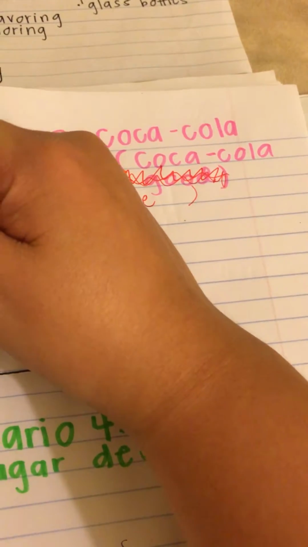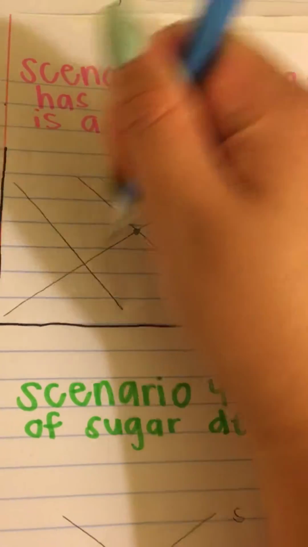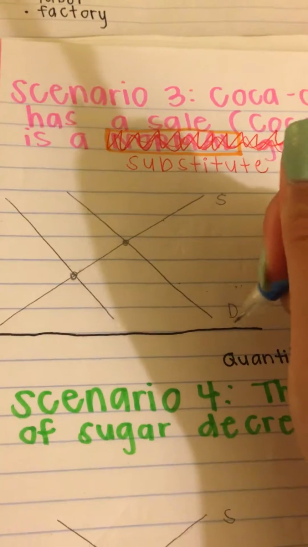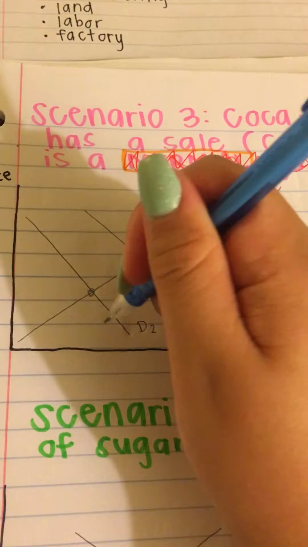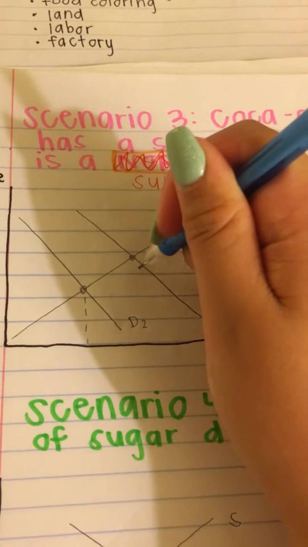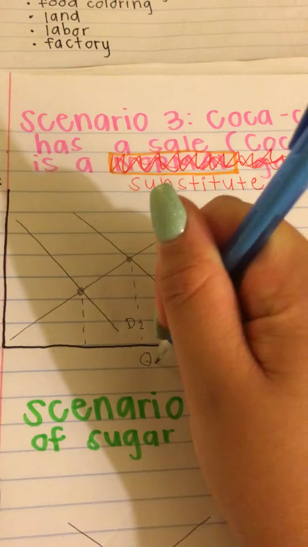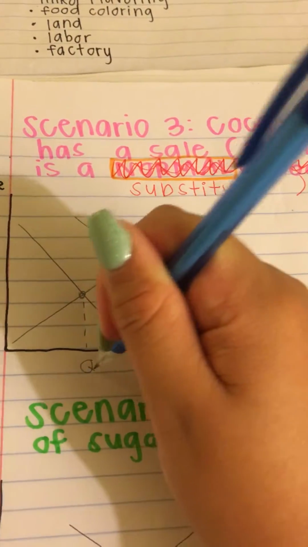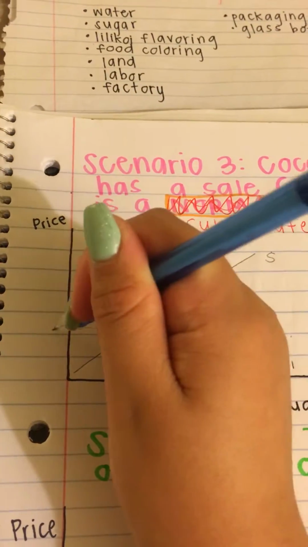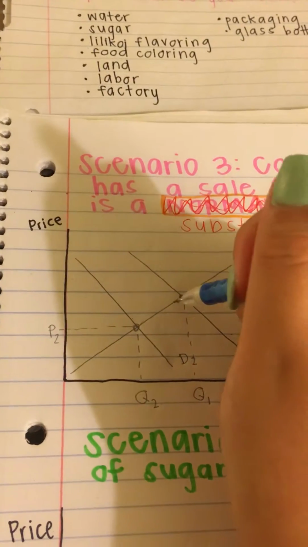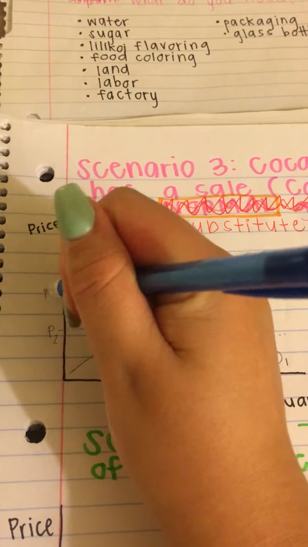So let's draw our demand curve here. Now we have our 2 points of equilibrium right here, right here. We have D sub 1, D sub 2, and then drop down our points. Then we have our Q1, Q2, and then P2 and P1.